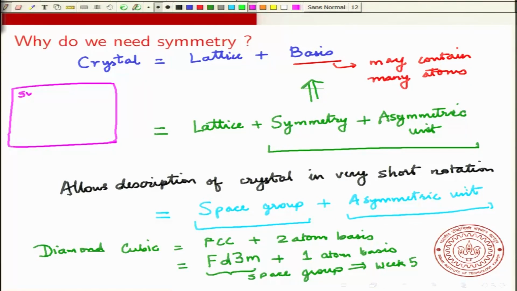Symmetry affects X-ray diffraction pattern intensities, and we will see this later on when we are talking about X-ray diffraction. These are the reasons why we are interested in symmetry and why we spent such a long time discussing the symmetries.